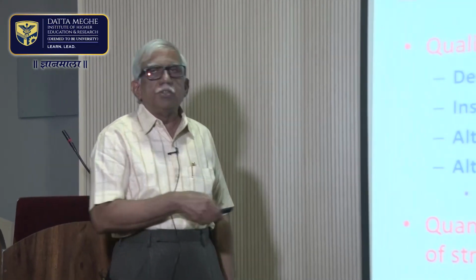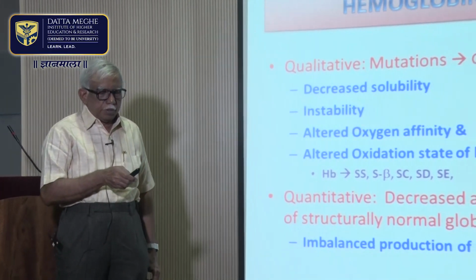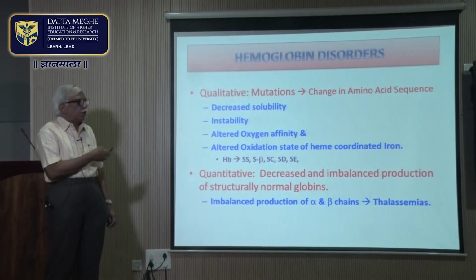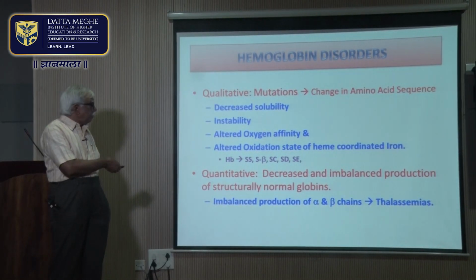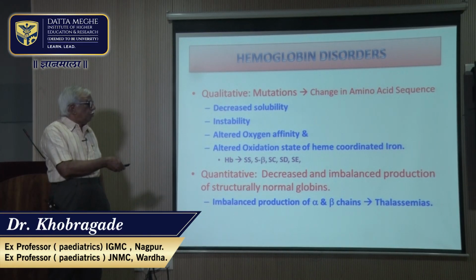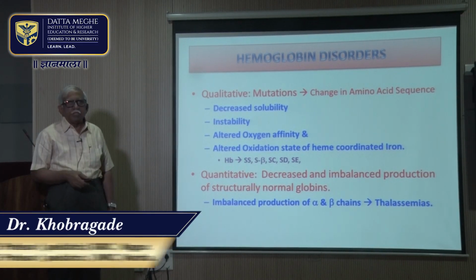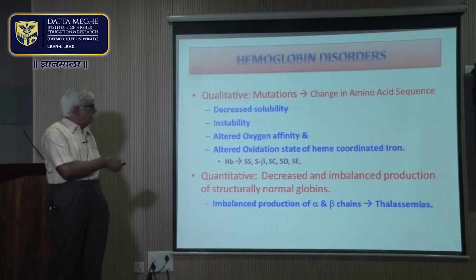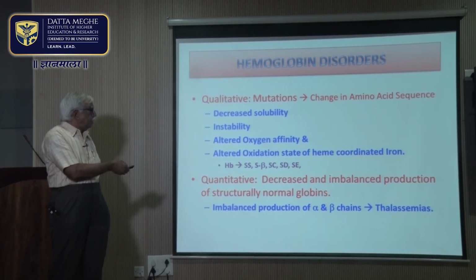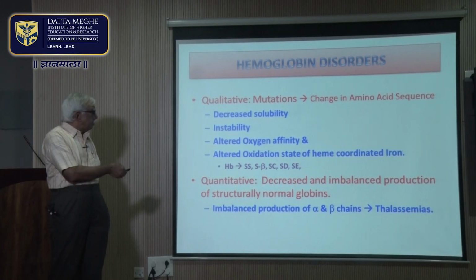The altered oxygen affinity, for example, the fetal hemoglobin, which has a high oxygen affinity, or the zeta hemoglobin, and the altered oxidation state of the heme coordinated iron. Say for example, methemoglobinemia, which has a higher affinity for oxygen and keeps the heme in an oxidated state.